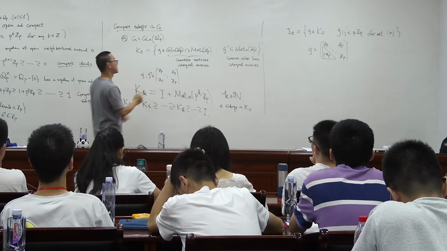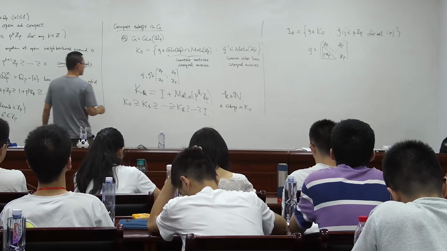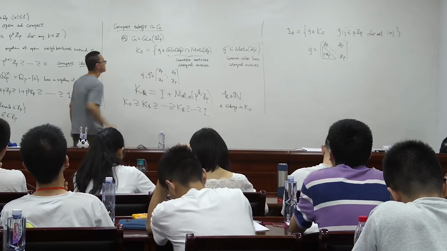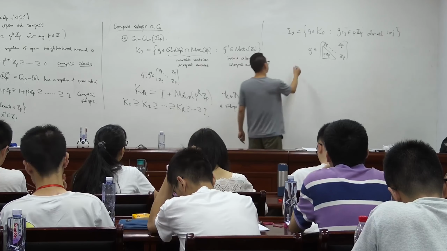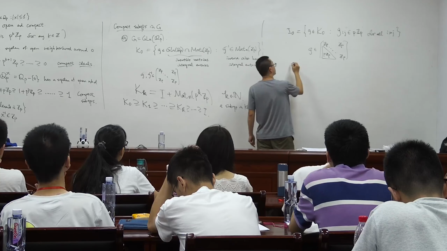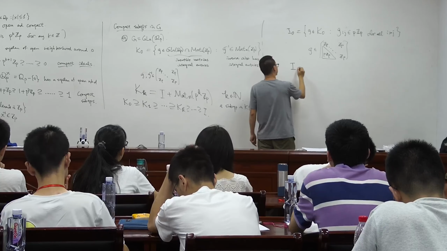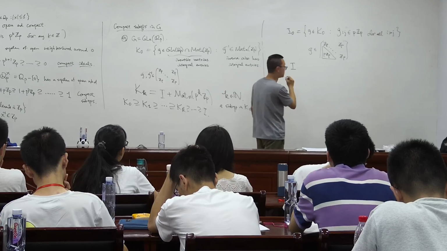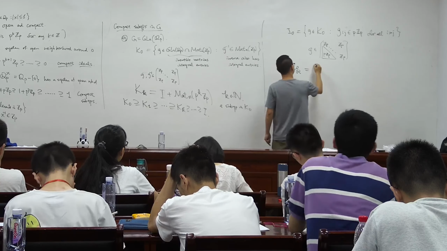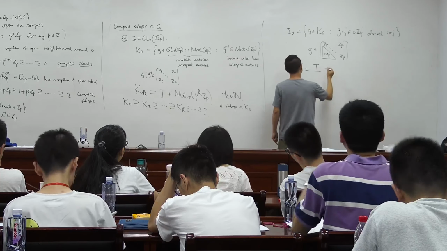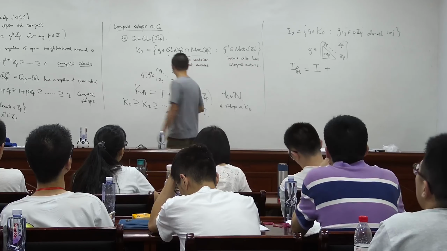So this is another kind of compact subgroup, not in this list. You have another one here.